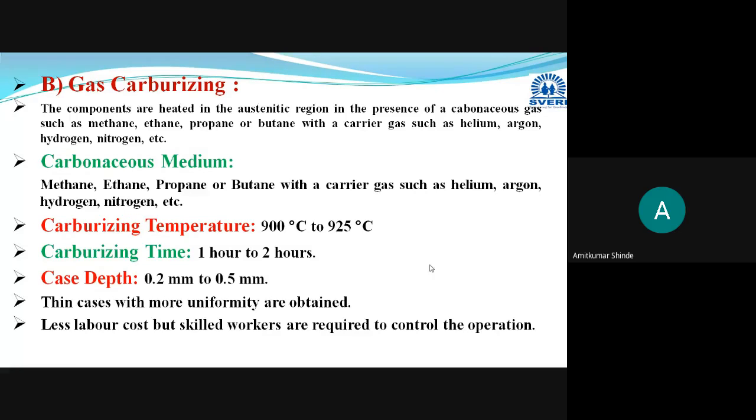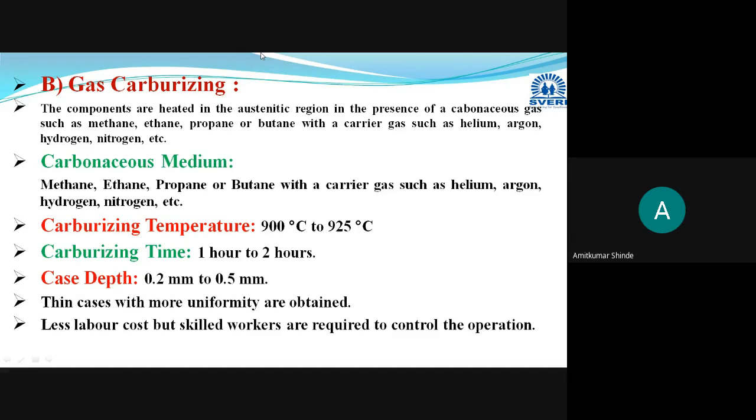Inert gases means they do not take part in the reaction. They will just provide the required flow and control. And here we are going to use inert gases like helium, argon, nitrogen, or hydrogen. You can mention that in the medium also.